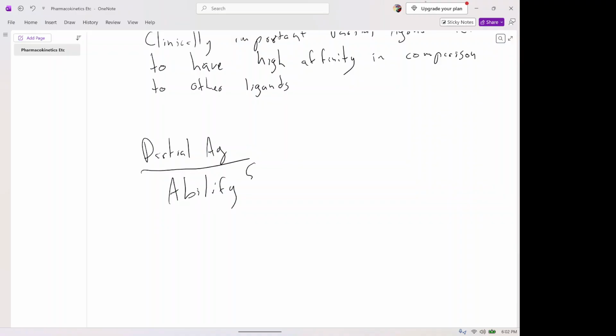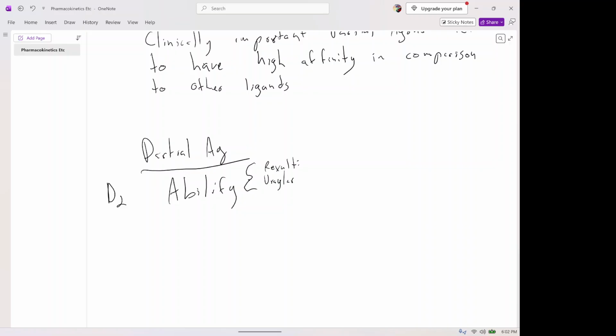And inside the Abilify family, there's also newer drugs like Rexulti and Vraylar. These make up the quinolone class of antipsychotics, and they're defined by their partial agonism at the D2.